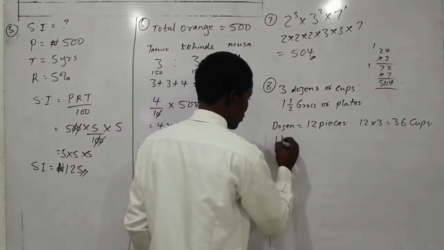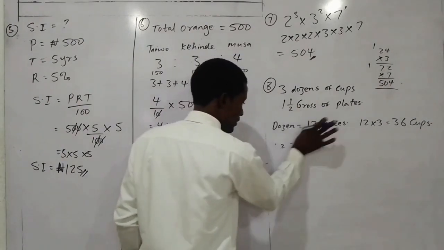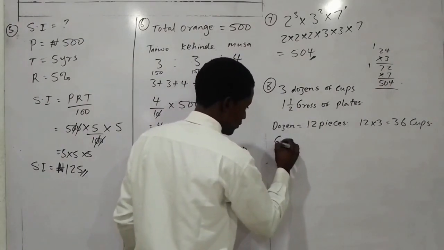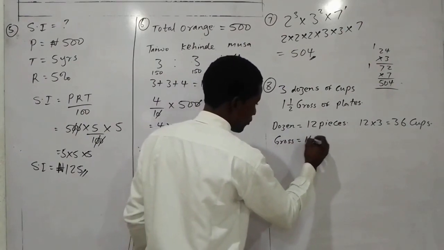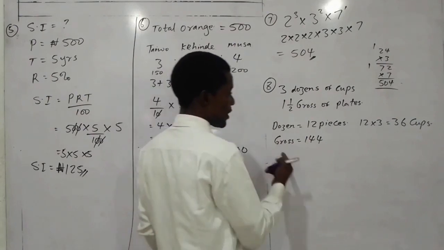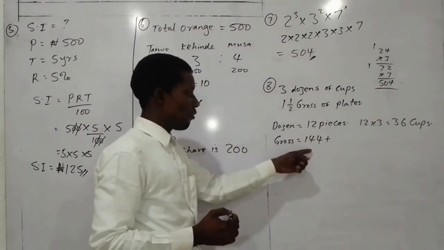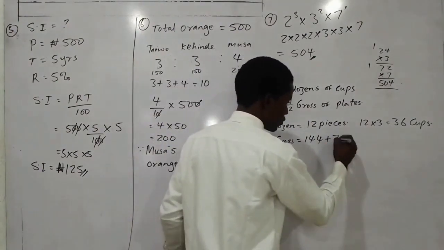Now, 1.5 gross. A gross is 144. You need to take note of that. A gross is 144. But here we are having 1.5 gross. That means we need to add half of 144, which is 72.